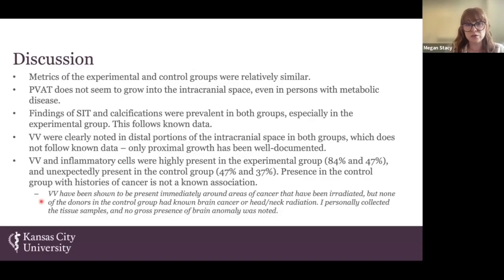So none of these donors had head or neck cancer, no brain cancer. I also personally collected all of these tissue samples, and I did not observe any gross presence of brain anomaly or cancer or tumor or anything like that. So yeah, just unexpected, very interesting to find vasa vasorum and inflammatory cells that far away from sites of cancer.